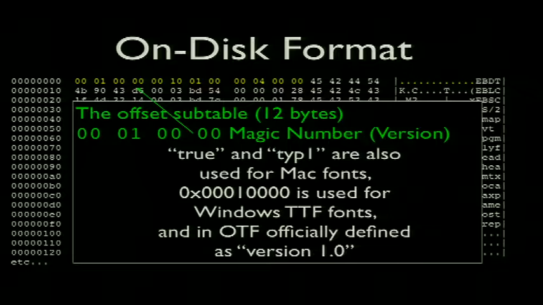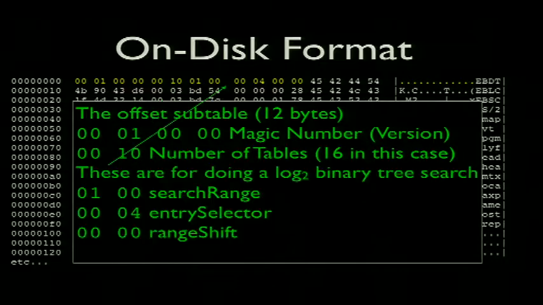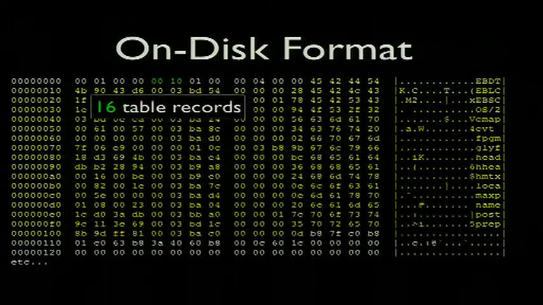Actually, this is the magic number. There are several possible values for it, because Apple did one thing, and then Microsoft did another thing, and then Microsoft did yet another thing, and so forth. This is for doing some sort of binary search tree thing if you can't fit an entire font into your 128K Mac. I don't think it's really used much anymore, but I don't know. It's not really the interesting part.